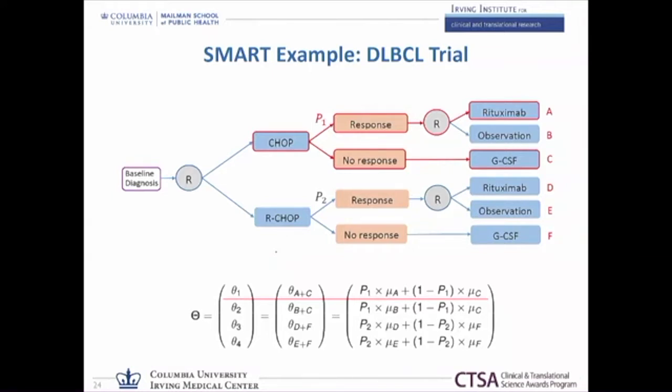So the value of adaptive intervention A plus C can be calculated by P1, which is the probability that we observe a patient who follows sequence A under this adaptive intervention, multiplied by the mean of sequence, mu A, plus 1 minus P1, which is the probability that we observe a patient following sequence C under this adaptive intervention, multiplied by mu C. Similarly, we can calculate the value of the other three adaptive interventions, as we show at the bottom of these slides.